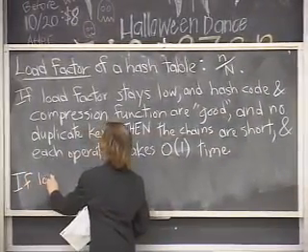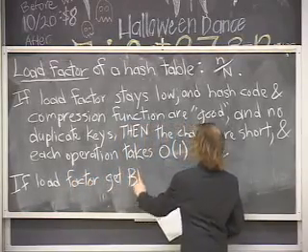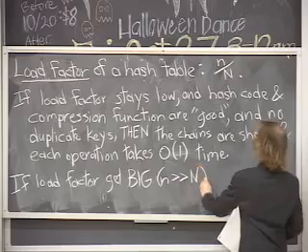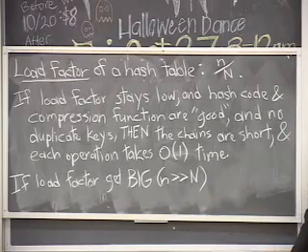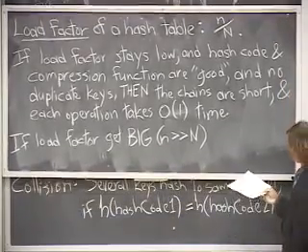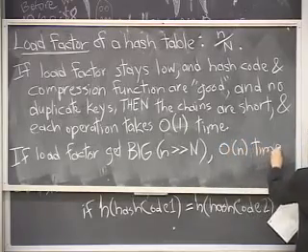In other words, if the load factor gets really large, and by really large, I mean that little n is way, way bigger than big N by a huge margin, or little n keeps growing, the number of items keeps growing, but the size of the hash table isn't growing, it's staying the same, then these chains are going to get as long as, on average, little n over big N. And so in the limit, as little n keeps getting bigger and bigger, this is going to run in linear time, which is very slow. Well, let's say theta n time.